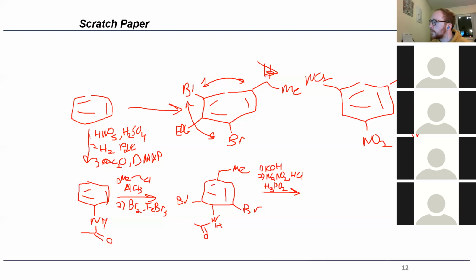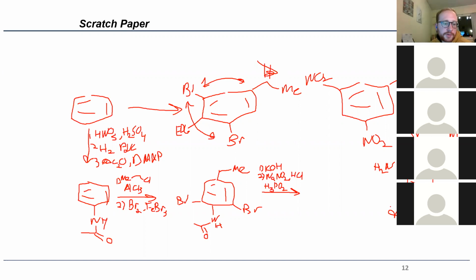So one problem, and this is something I'm actually not sure about. I don't know if you can reduce nitro groups using Raney nickel. It is certainly possible that you can. I'm just not aware. But it's possible that it might work. That gets us to this aniline, and then we can use the Sandmeyer reaction.